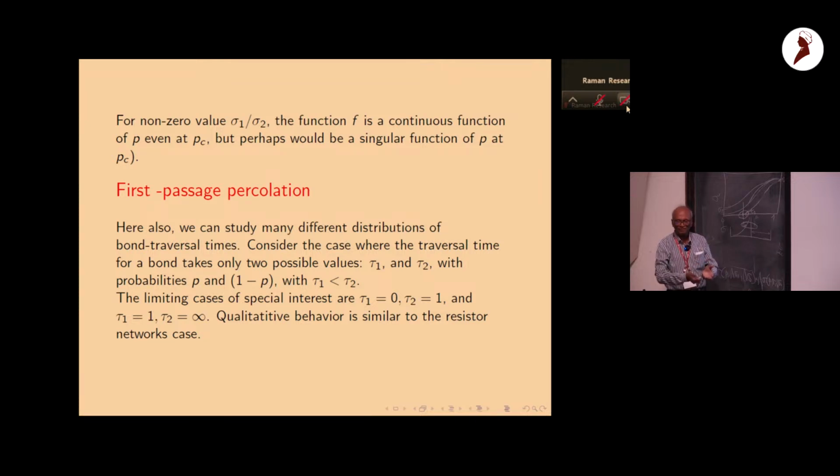How much will the change occur in the whole network? The conductivity will increase, but by how much? That is what we are asking. Can I calculate the change when I change sigma 1 by a little bit? That might be more tractable than the full problem.